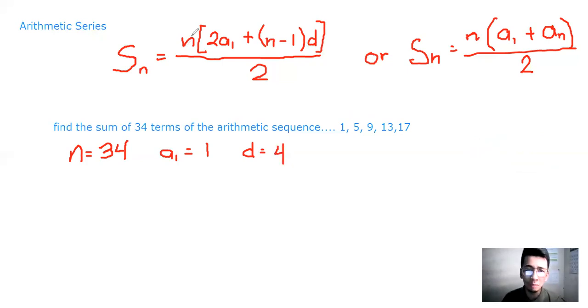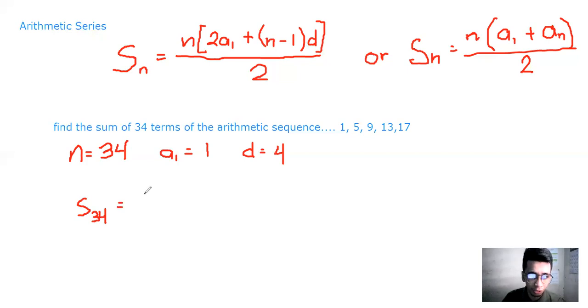Ngayon, meron na tayong n, may value na tayo ng a sub 1, then may value na tayo ng d. Gagawin na lang natin, we are going to substitute. So, S sub n or S sub 34, diba? Lahat ng n, papalitan natin ng 34.